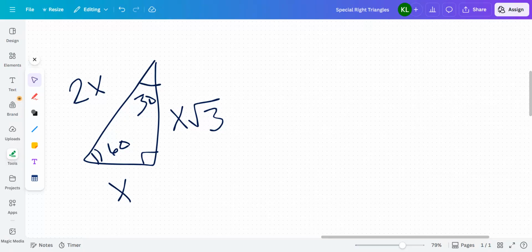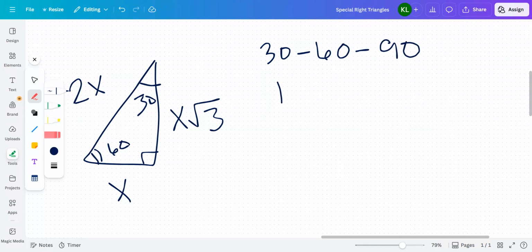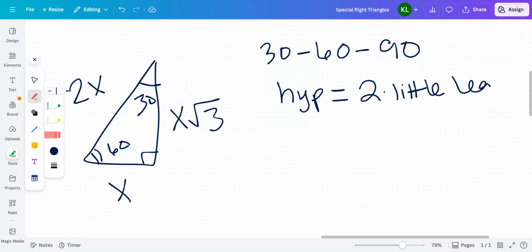So I like to write down a few formulas. I know that for our 30-60-90 triangles, my hypotenuse is equal to 2 times the little leg. Okay, so I know that that's true.